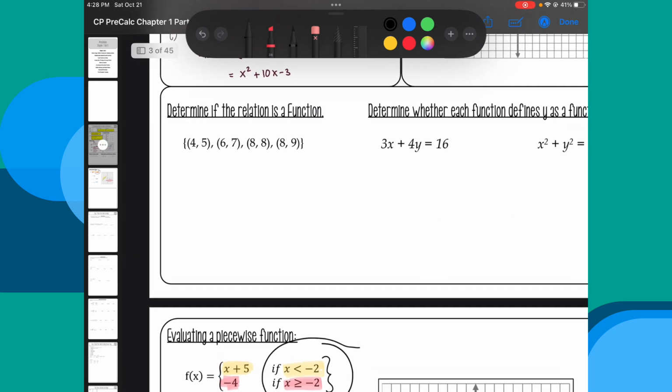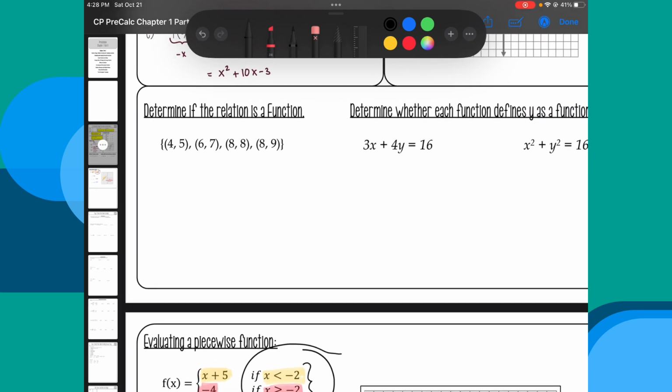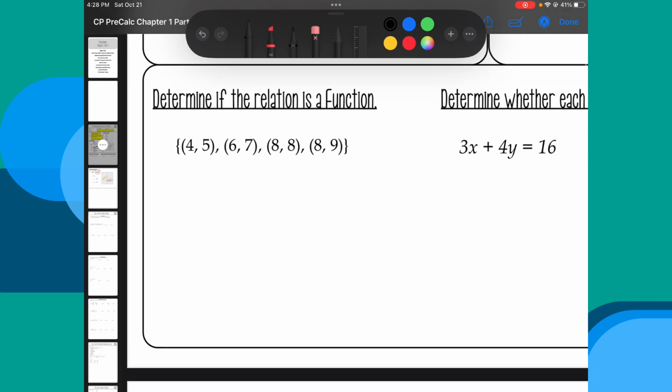Okay. The second thing that we're going to do, after evaluating, is determine if a relation is a function. In order to be a function, the x values cannot repeat. So here, the domain is, remember, the x values. So I'll highlight those. So our domain would be 4, 6, 8, and we don't write it twice.